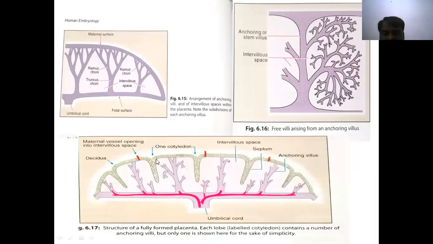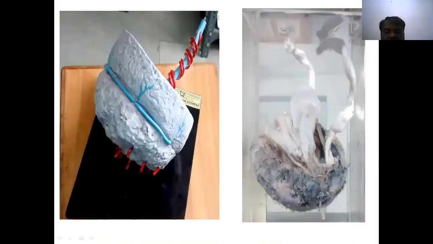The intervillous space contains the maternal blood, and the villi contain the fetal blood vessels. Sometimes two umbilical cords is also an anomaly. Two umbilical cords means twins.